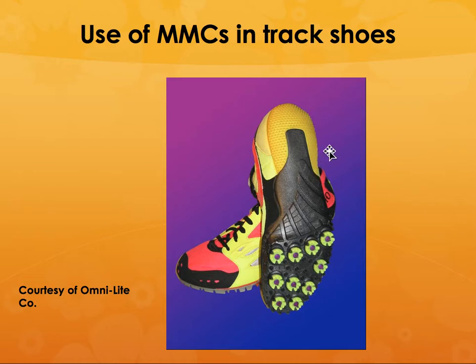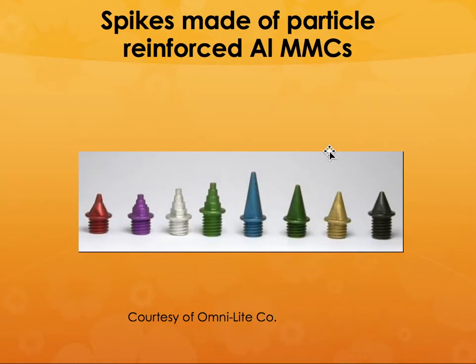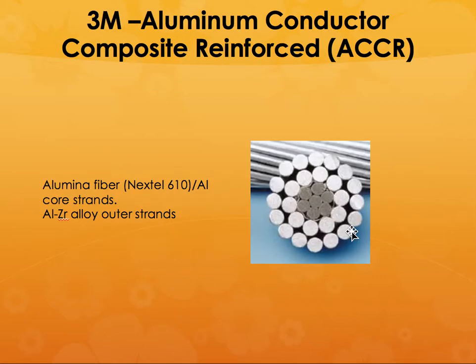This is another example of metal matrix composites in track shoes. These spikes are made out of particle reinforced aluminum matrix composites. There is another example of superconductors that are being used from these materials.